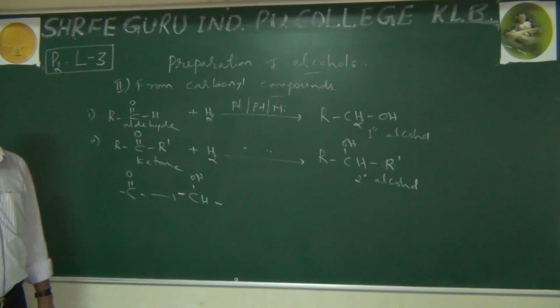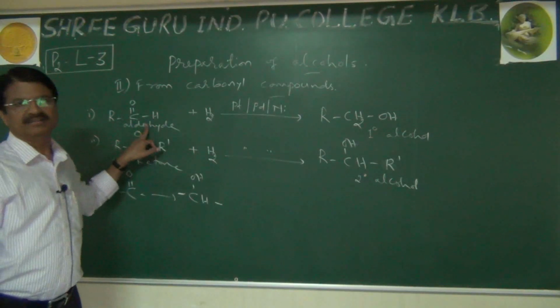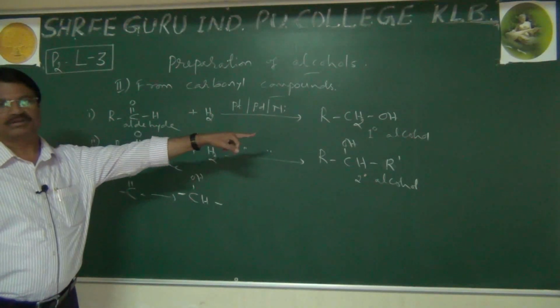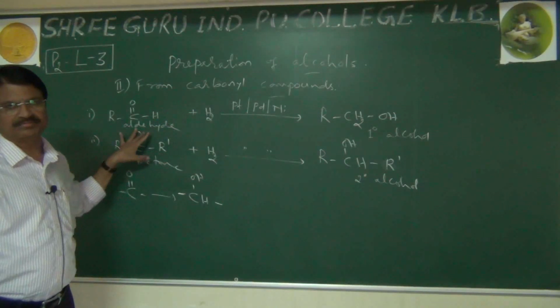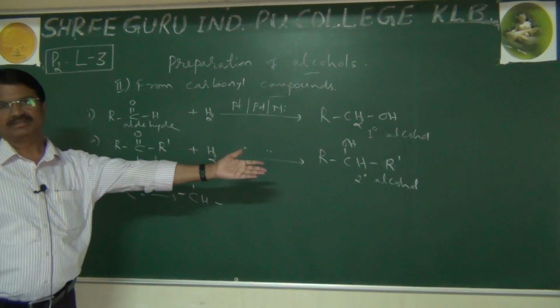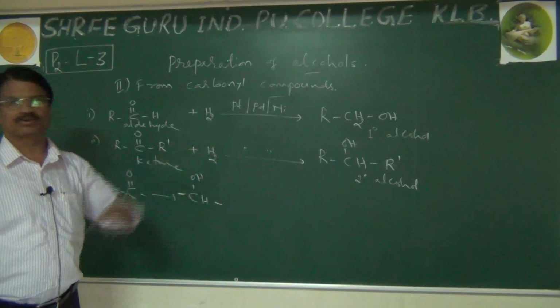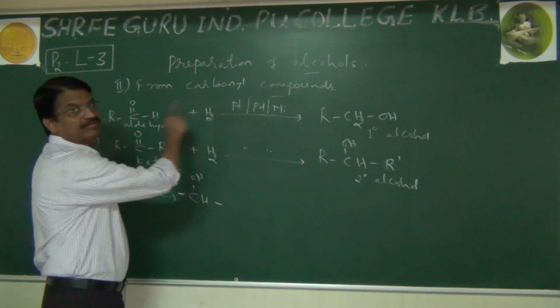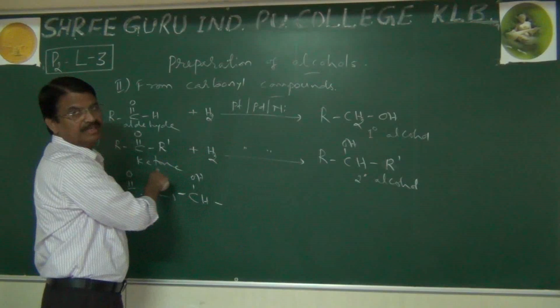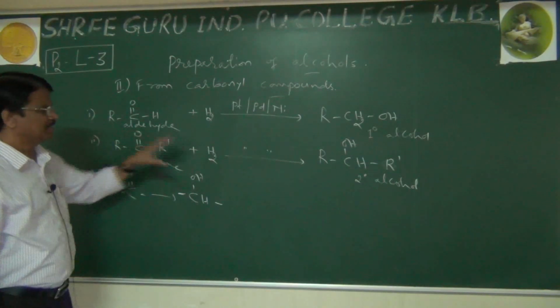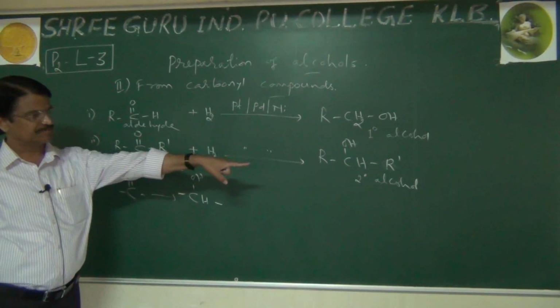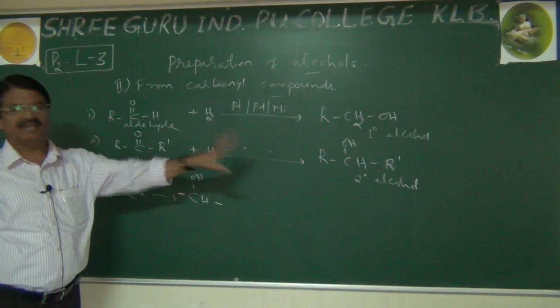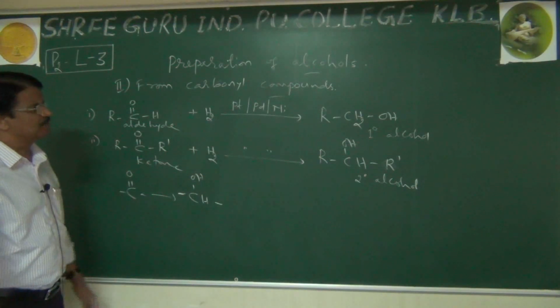So the general conclusion: a primary alcohol from an aldehyde, and a secondary alcohol from a ketone. Any ketone on reduction produces a secondary alcohol, right?